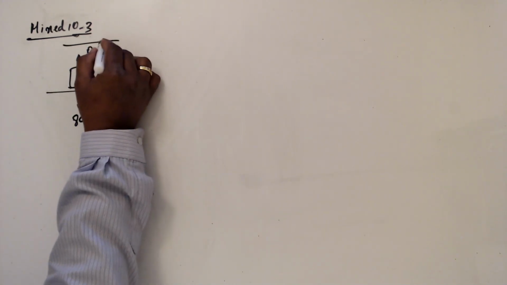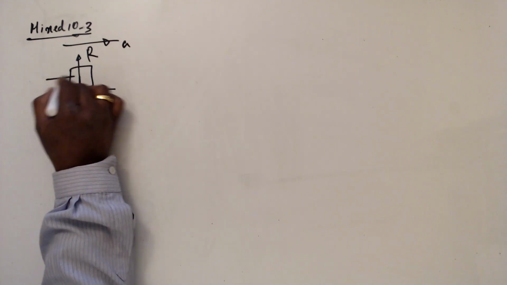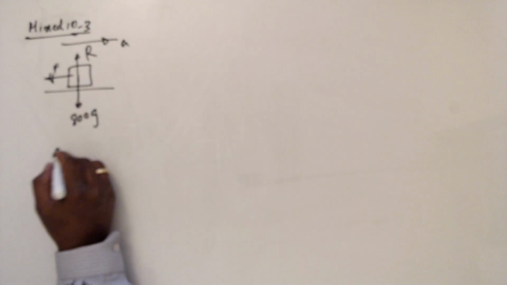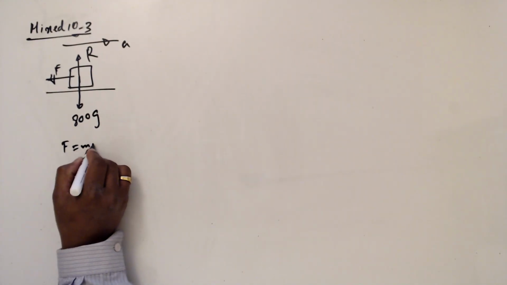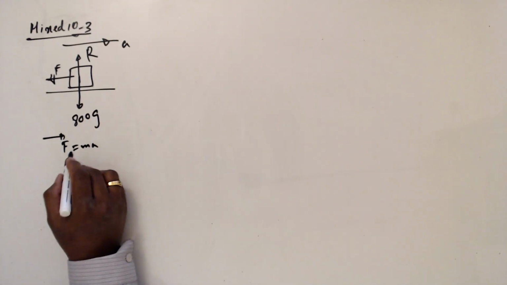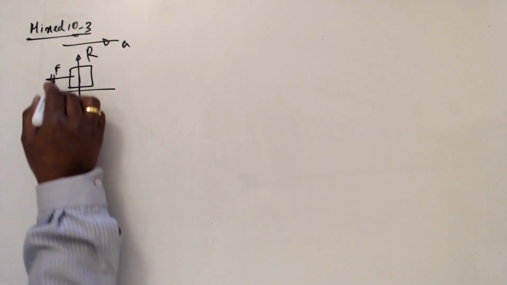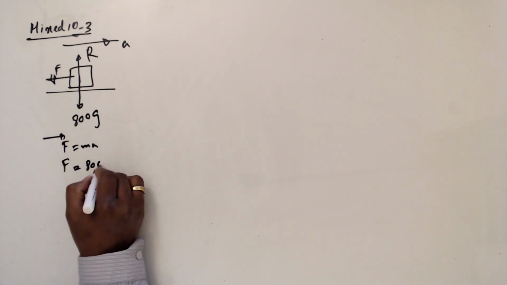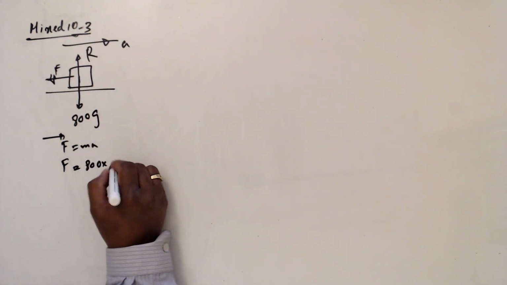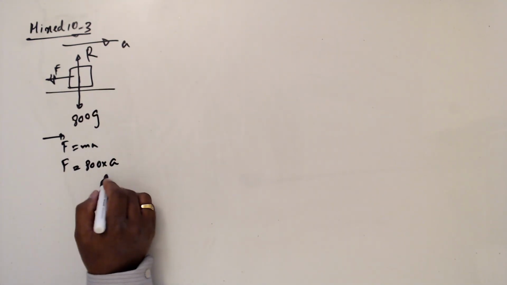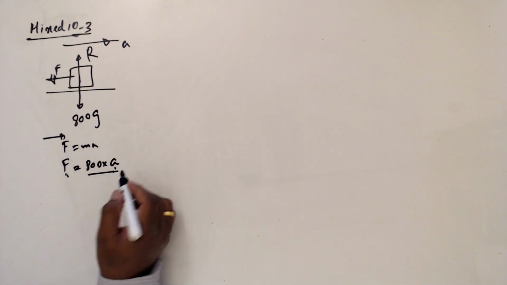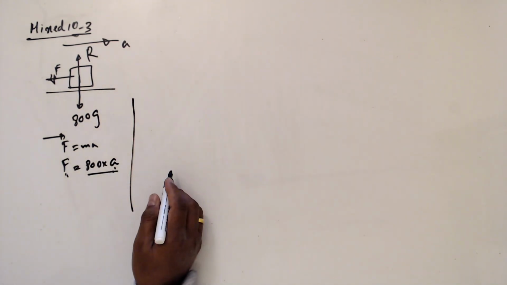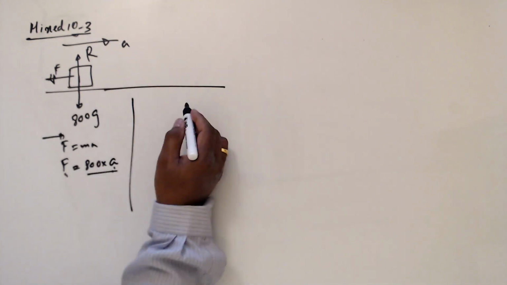Assume it is moving to the side with a. So this is the F. And if we put F equal ma in this direction, then the force is also F. M we know is 800, and a acceleration we don't know. So if we know a, we can find F.